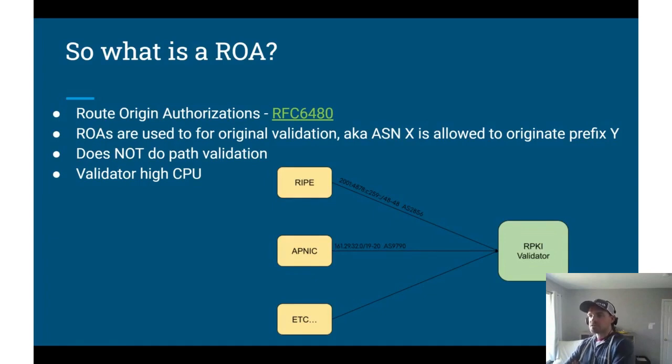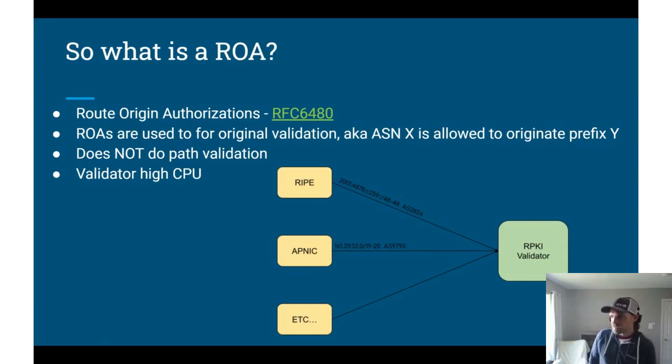It's computationally heavy to verify all of these, so certainly you do not want your routers to do this. What you have is you run your own RPKI validator. It gets all this information from all over the world, checks the signatures to make sure everything's okay, discards all the bad ones, and keeps all the good ones. But now you need to somehow get this information to your routers. So that's really the next step.